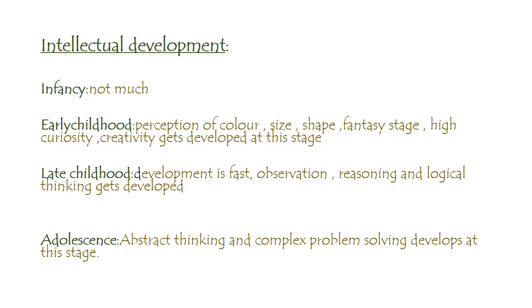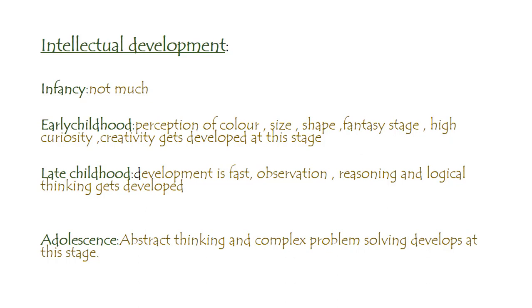Coming to intellectual development, in infancy there is not much intellectual development. In early childhood, perception and identification of color, size and shape start, and the child is very curious and eager to know everything present in or surrounding his society.